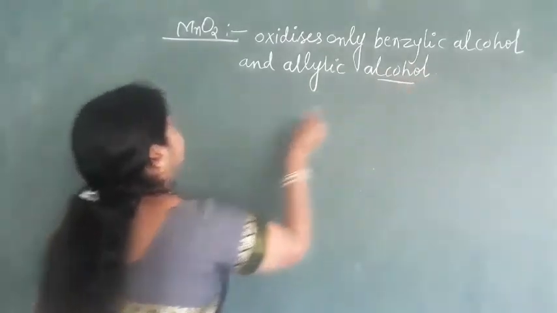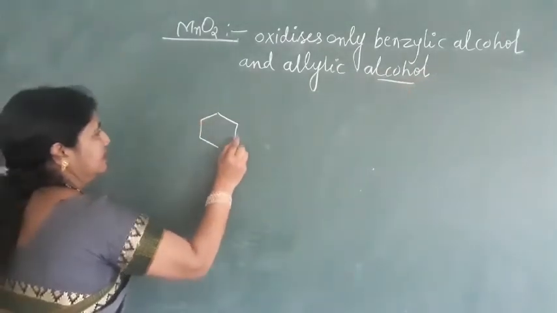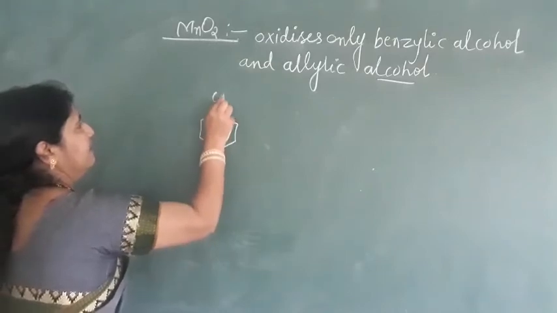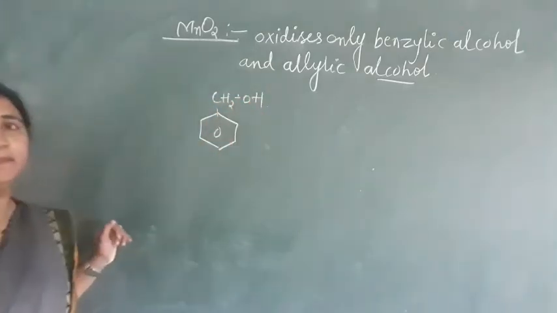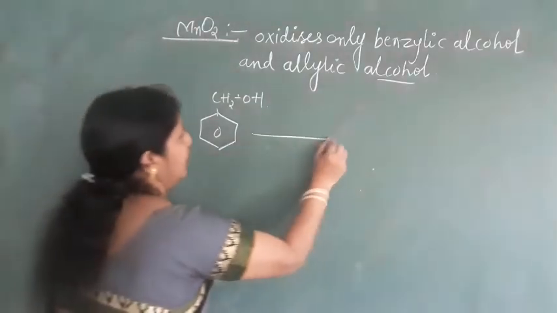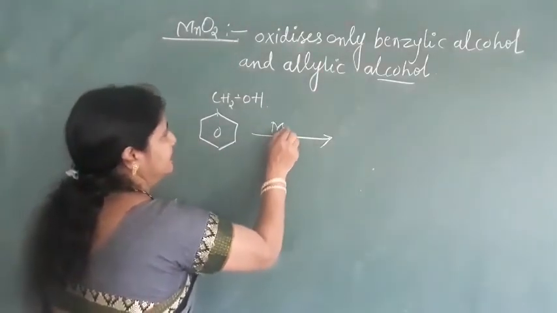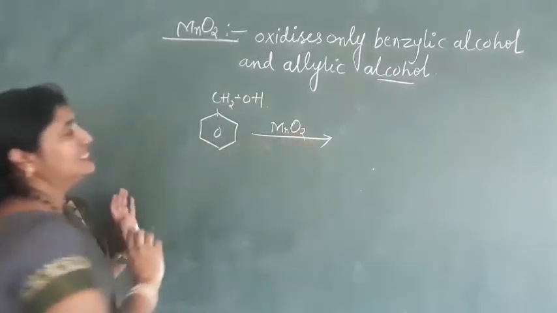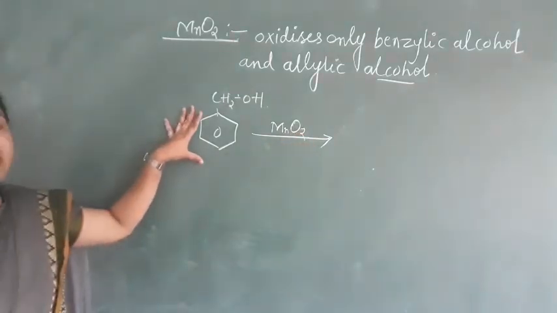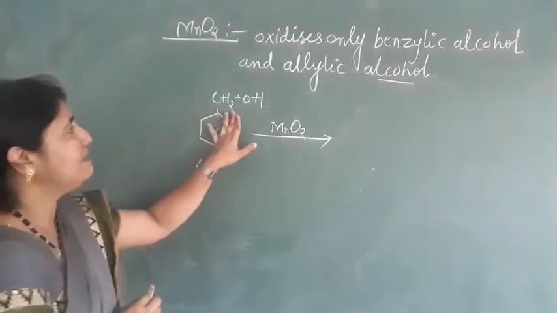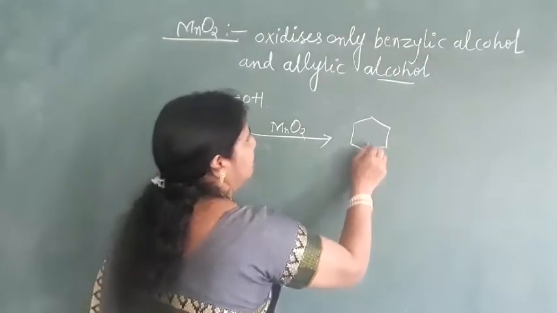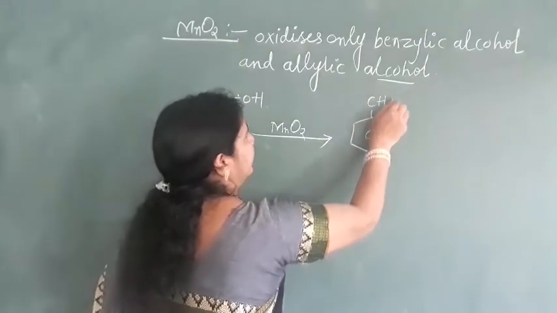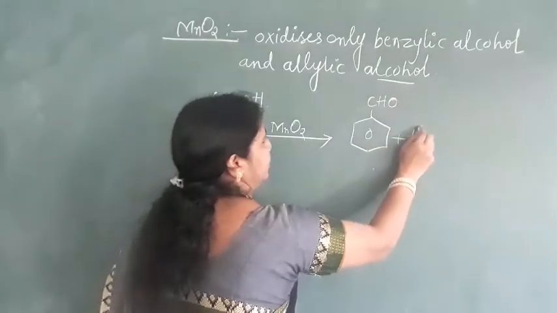Benzylic alcohol means what? This is benzene, and here we have CH2OH. This is benzyl alcohol. When it gets oxidized by MnO2, it oxidizes only the benzylic alcohol, and this is primary benzylic alcohol. It gives benzaldehyde, C6H5CHO, plus H2.